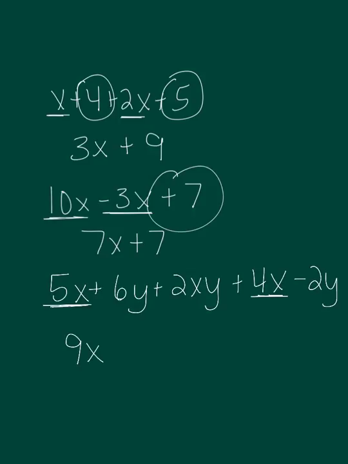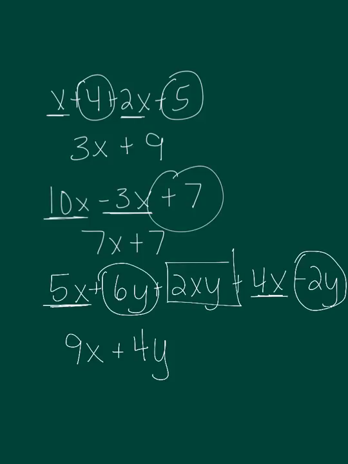Then we have 6y and minus 2y, and those combined give us plus 4y. And then our last one is going to be 2xy. Now because that has an x and a y, that is its own term. So we just add that on and we get plus 2xy. And there's your final answer.